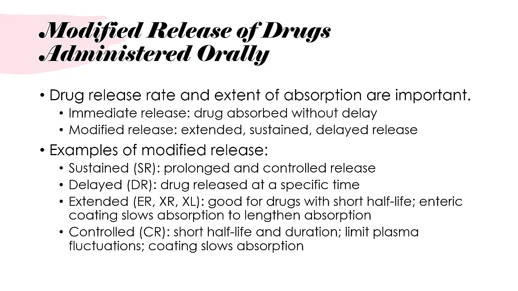Modified release of drugs administered orally. Additional drug disposition may occur in the systemic circulation and thus reduce the concentration of the drug available to target tissues. By properly designing the drug product, oral delivery systems can vary the bioavailability of the drug that is active from rapid and complete absorption, slow sustained absorption, or virtually no absorption, depending on the therapeutic objective.